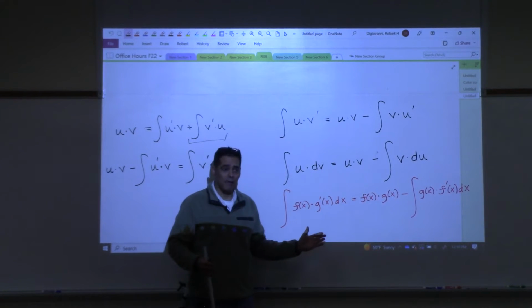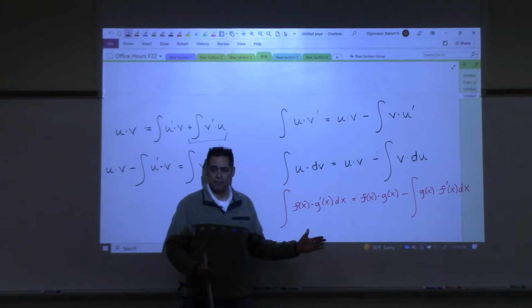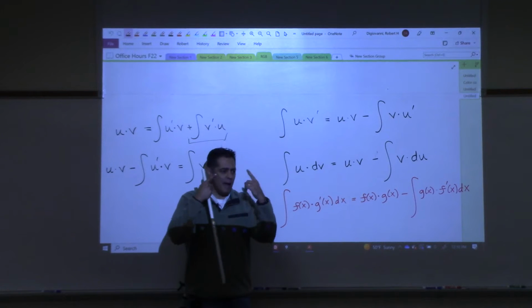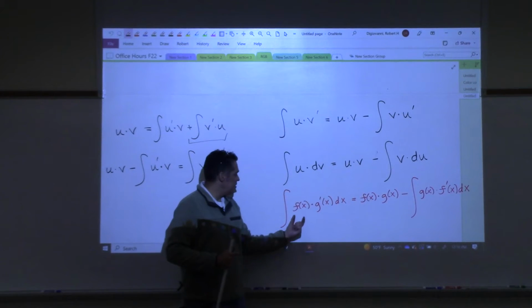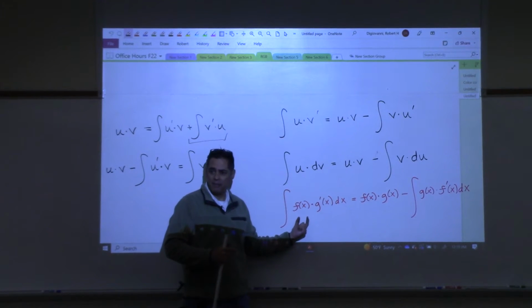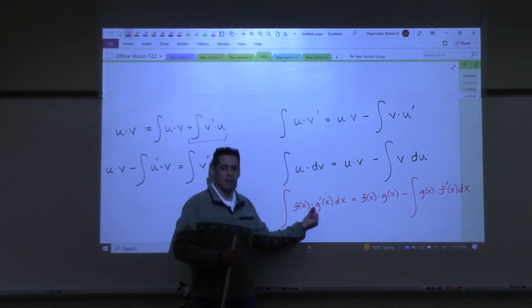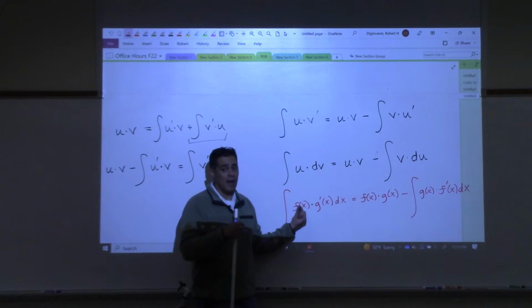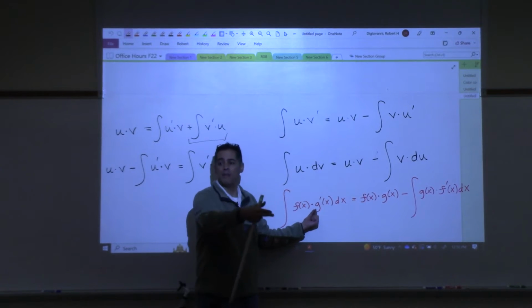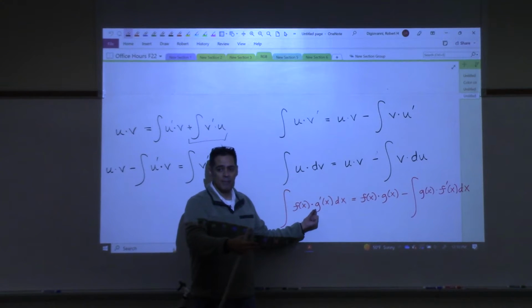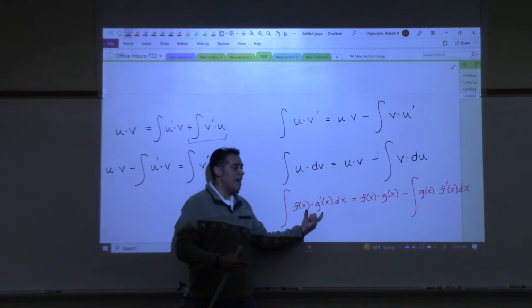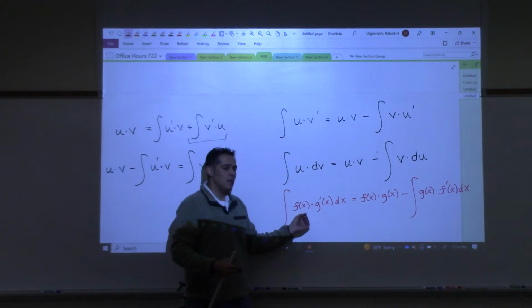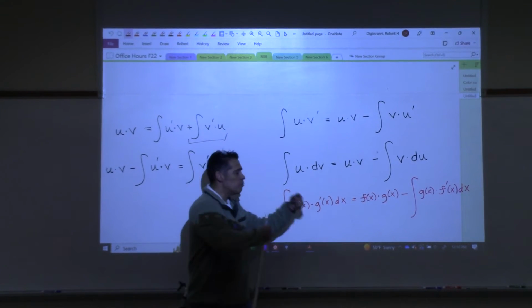And you're having trouble figuring out what to do with it. If you can somehow in that integral see some function f, and then next to it with multiplication, the derivative, not of f, but the derivative of some other function, g. If you see that, this formula allows you to rewrite the problem.